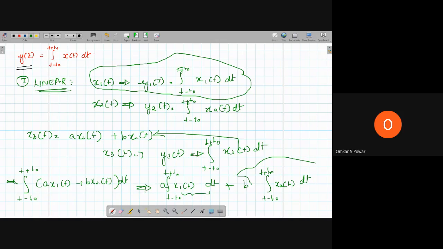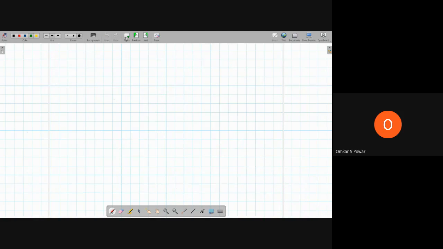What is this term? y2 of t. So a into y1 of t plus b into y2 of t. Since this satisfies superposition, the system is linear. So linearity is easy, but there is a catch in time invariance.